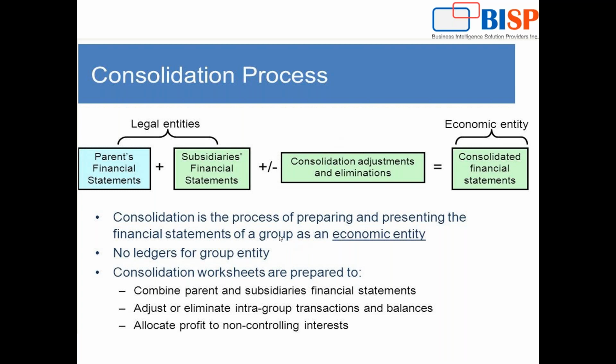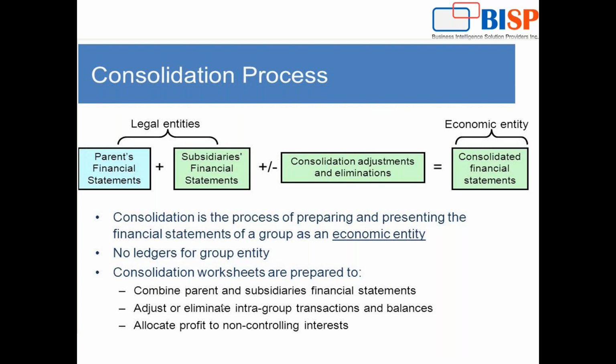So consolidation is the process of preparing and presenting the financial statement of a group as an economic entity. No ledger for group entity. It means that a group does not have any ledger. The entities within that group have all the ledgers, so we are combining all those ledgers while preparing the consolidated statement.